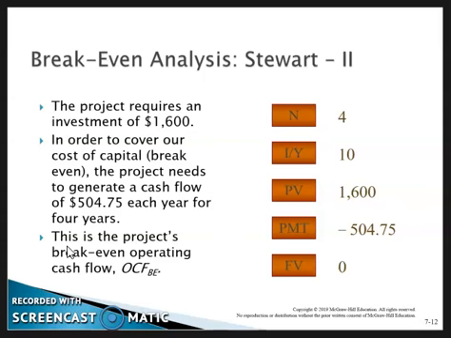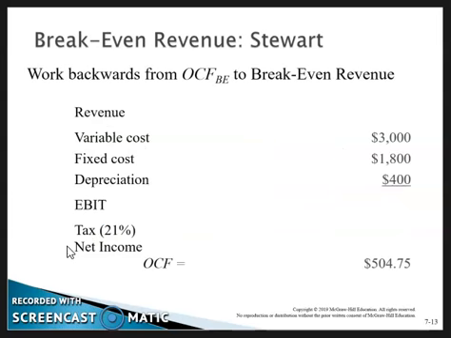So on the next sheet, we're going to rebuild the income statement. We have our income statement set up here. We're assuming our variable costs, fixed costs, and depreciation are all unchanged.